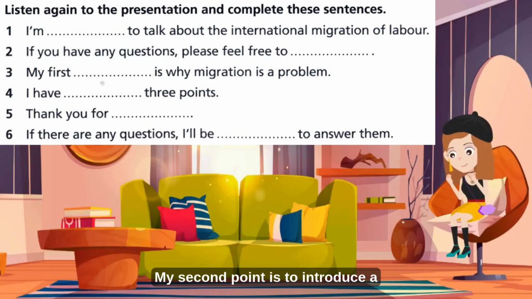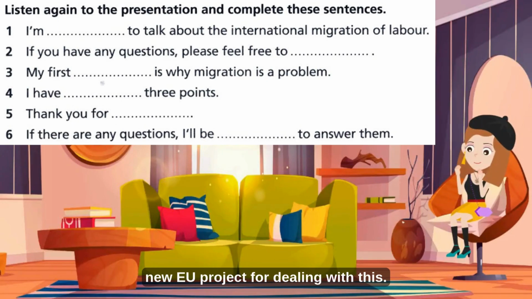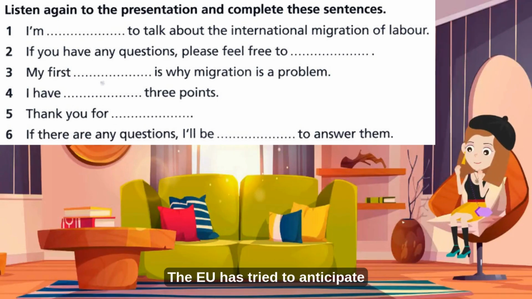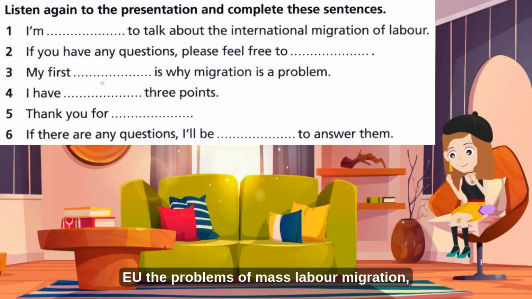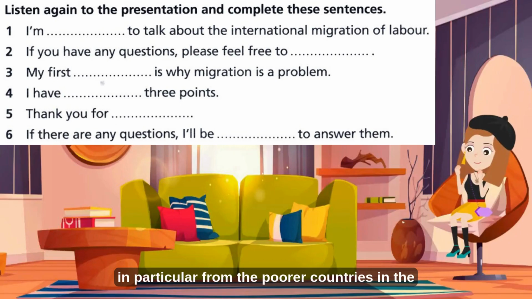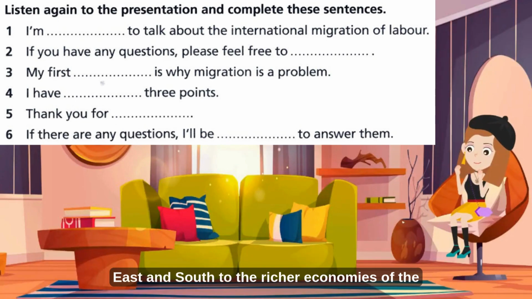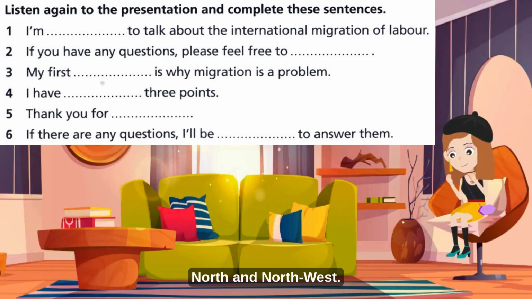My second point is to introduce a new EU project for dealing with this. The EU has tried to anticipate the problems of mass labour migration, in particular from the poorer countries in the East and South to the richer economies of the North and Northwest.